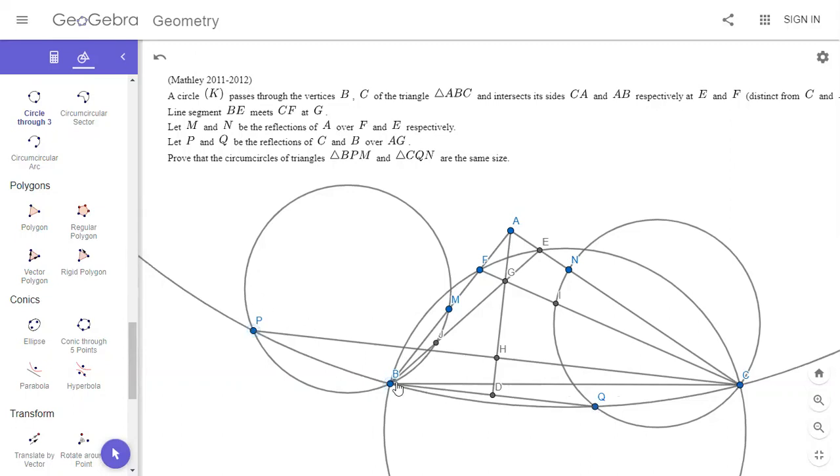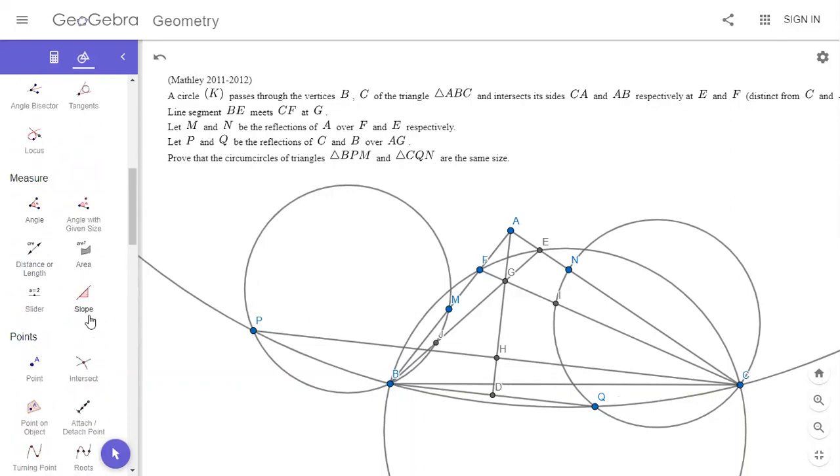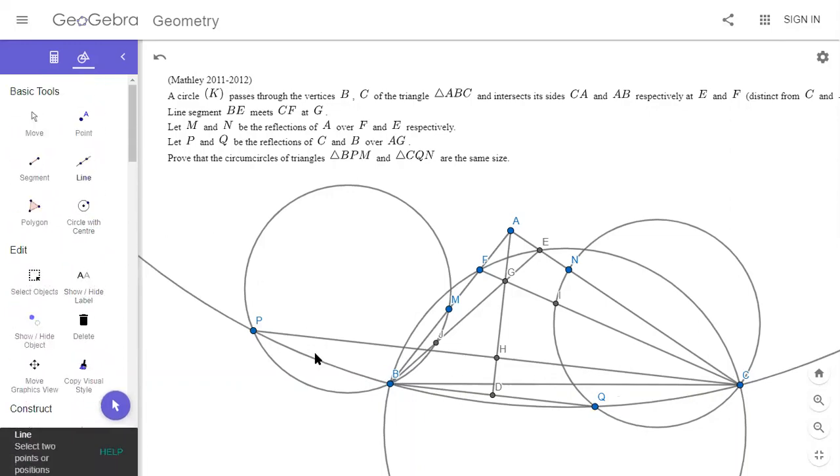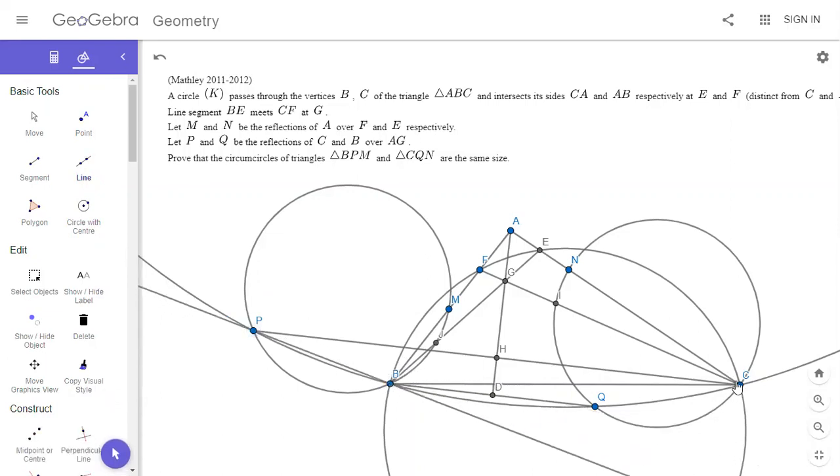So BP, okay, if we know BPQC is cyclic, then we know that BPQC and you just don't know that G lies on this line. That's the thing.